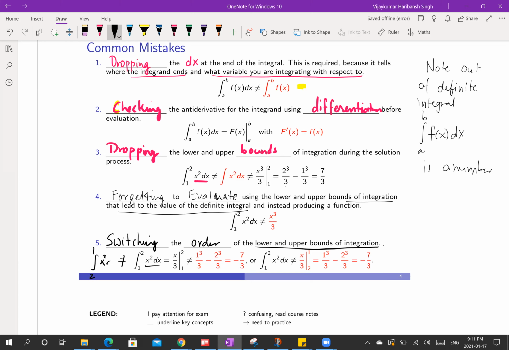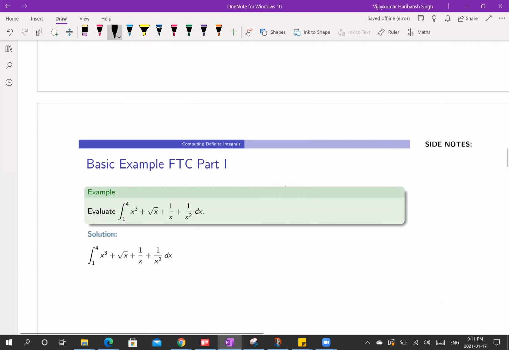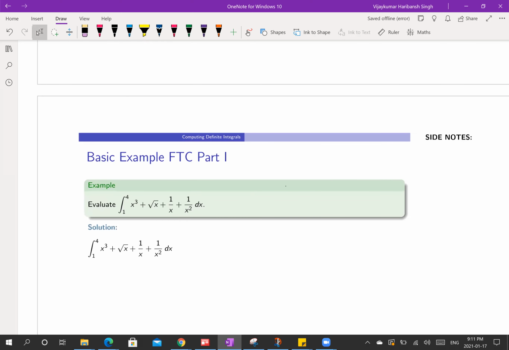The integral from 1 to 2 is not 1 cubed by 3 minus 2 cubed by 3; it is 2 cubed by 3 minus 1 cubed by 3. So these are the common mistakes which we have to avoid. Of course, we have to avoid all the mistakes. All right, so let's see some basic examples of the fundamental theorem of calculus, part 1.